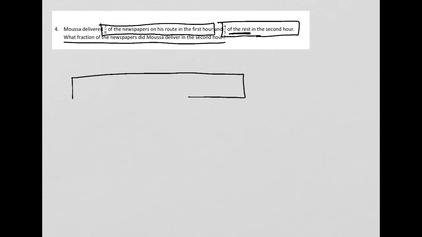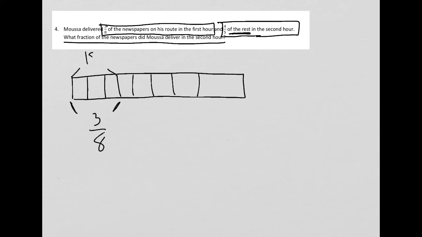So let's draw our model. So 3/8 of the newspaper. I'm going to do eighths first. 1, 2, 3, 4, 5, 6, 7. 3 out of the 8s was his first hour. So I'm going to mark off 3. 1, 2, 3. There's 3/8, and this was in his first hour.